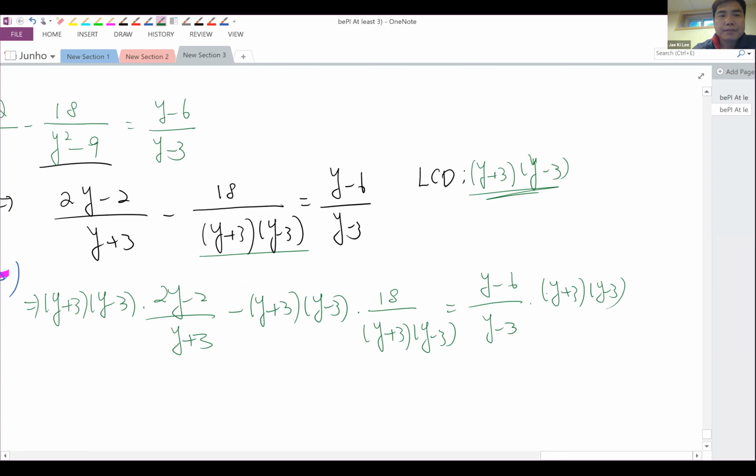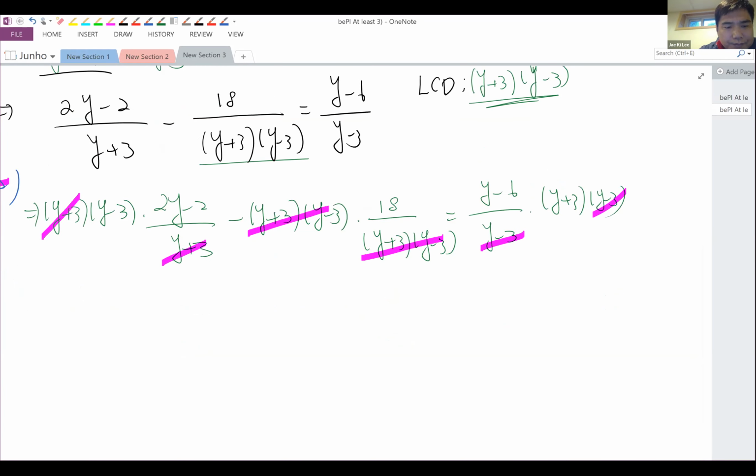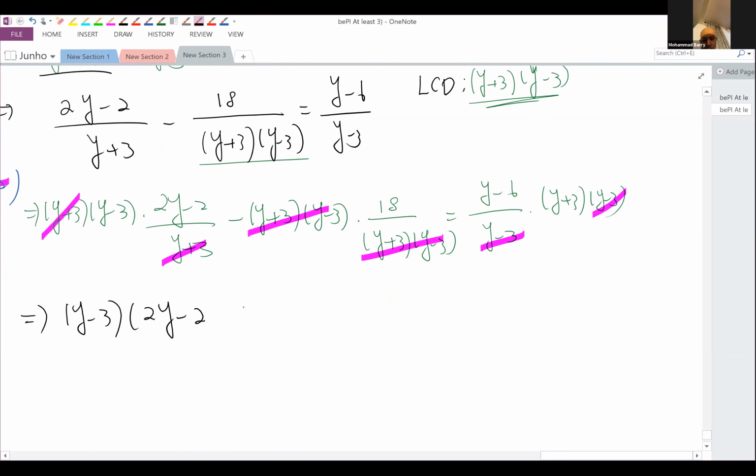Okay. Then now I can see this is gone and all this is gone. And this becomes y minus 3 times 2y minus 2 minus 18 equal to y minus 6 times y plus 3 here.